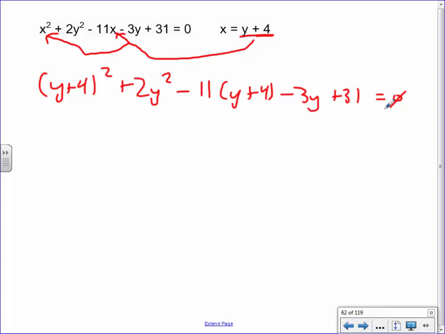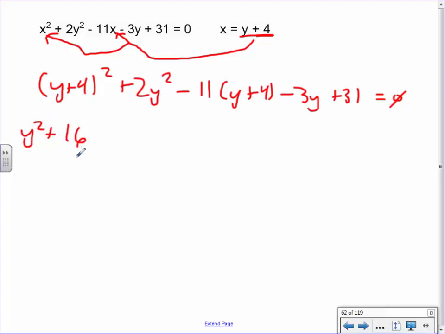What should I do? Why is this not a useful format right here? What sort of skills did we work on previously that you want to work on here? Expanding and factoring. You know what I mean? We need to clean it up a bit, right? So, all right, how do you FOIL this first little bit?